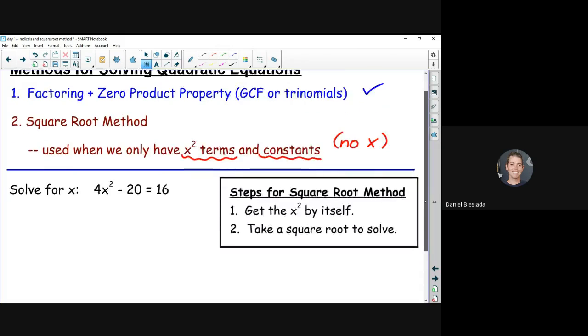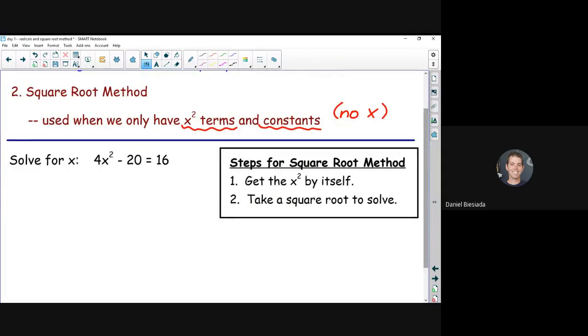So our general steps for running the square root method are as follows. And you've done this before: back in our very first unit, we solved with inverse operations. And that's basically what we're doing here. Our goal is to get the x squared by itself, and then take a square root to solve. Those are your steps there on the right. In this problem, 4x squared minus 20 equals 16. My goal is to get that x squared by itself.